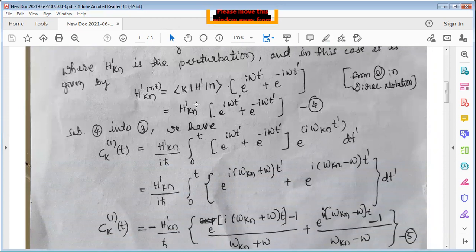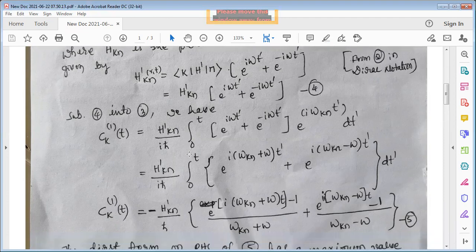This H dash kn is written outside of this integral. And now we have to multiply these two terms.